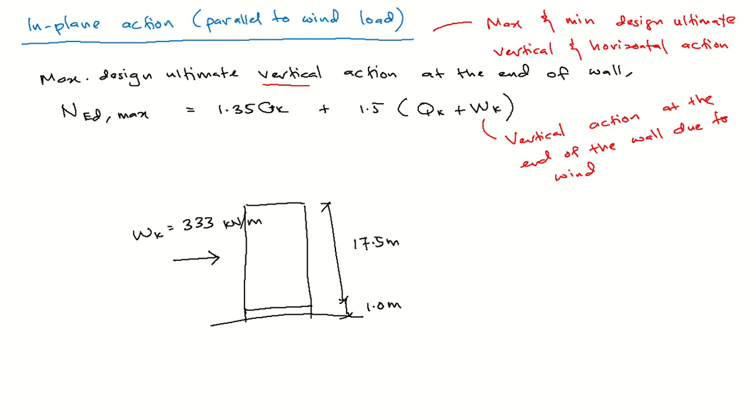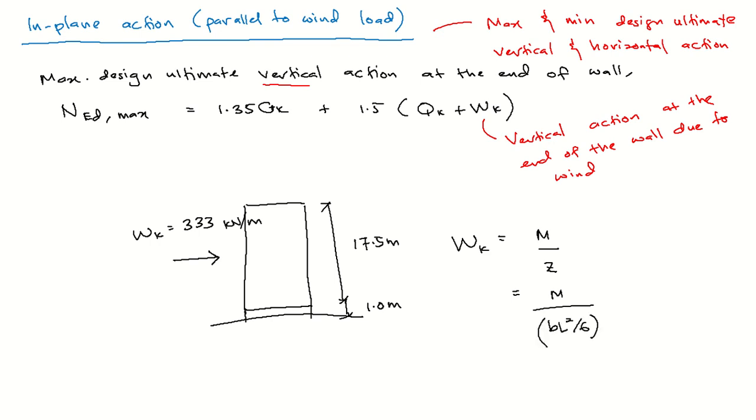Not sure why. Alright, it's okay. WK here is equal to M over Z, where Z is equal to BL square over 6.